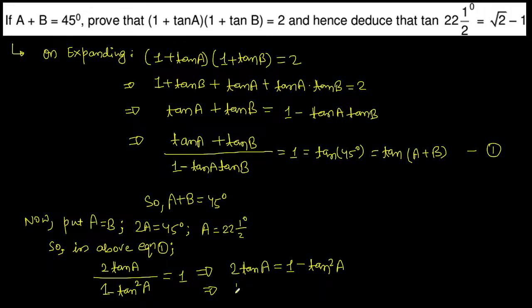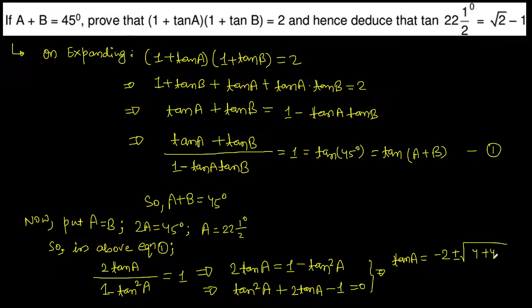We have tan square A plus 2 tan A minus 1 equal to 0. If we go by quadratic, we'll get tan A equal to minus b plus minus root under b square minus 4ac by 2. It is nothing but minus 1 plus minus root 2.